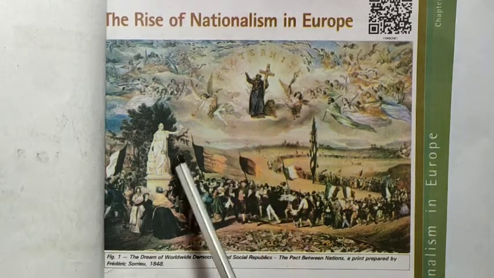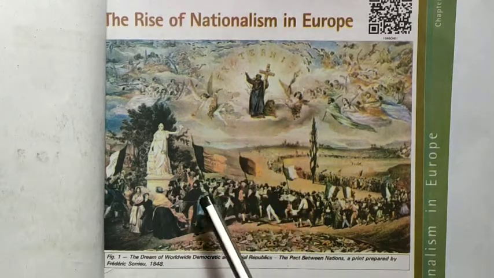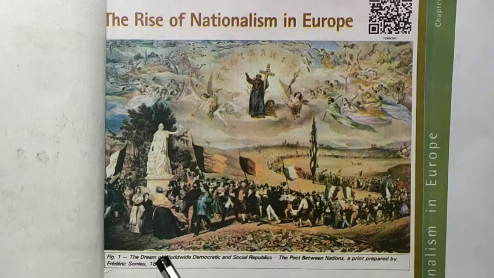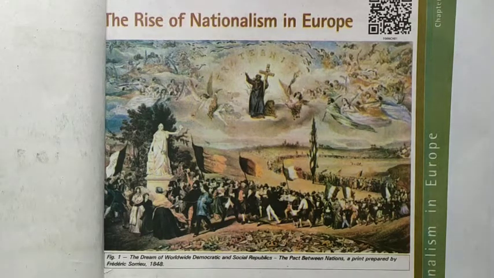There is a picture given in your textbook. It is a painting made by a French artist called Frédéric Sorrieu. It was made in the year 1848. So basically this painting was an imagination of Sorrieu's dream of a world that is made up of democratic and social republics.